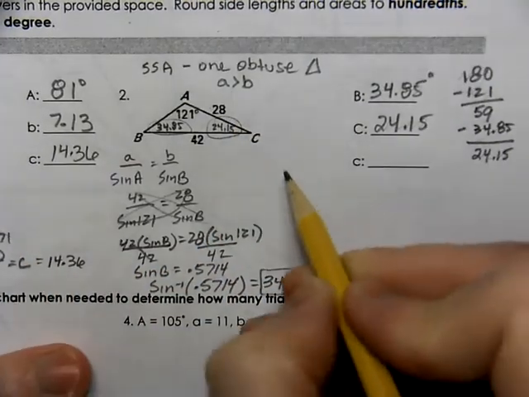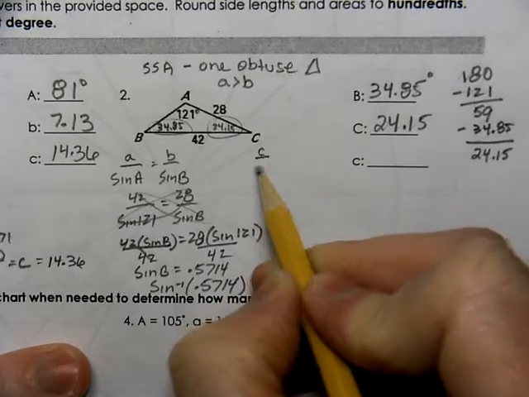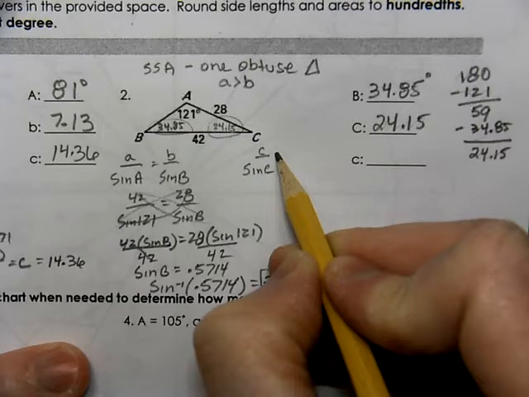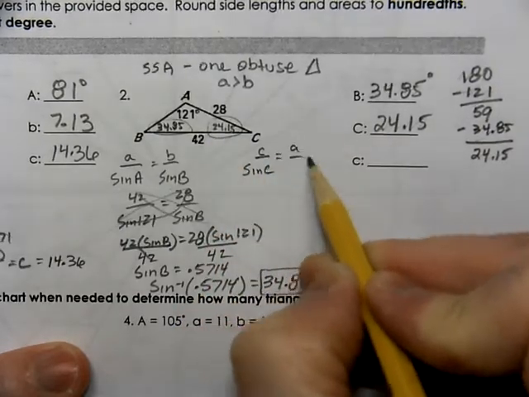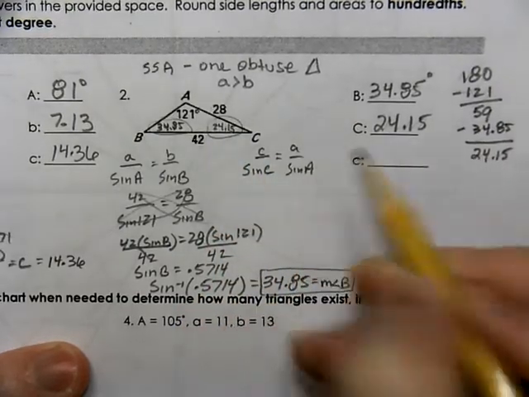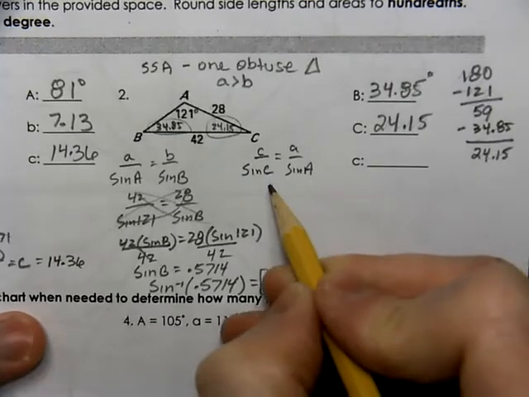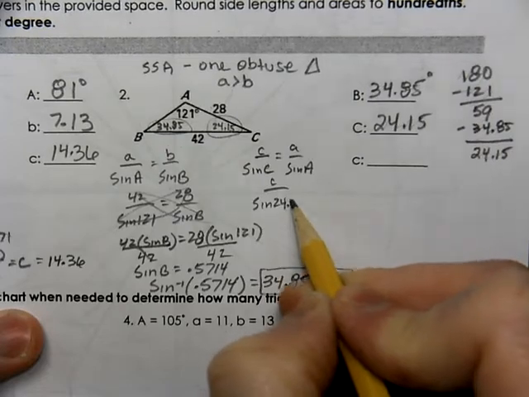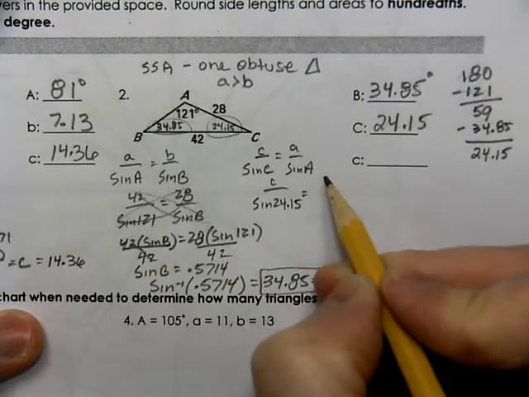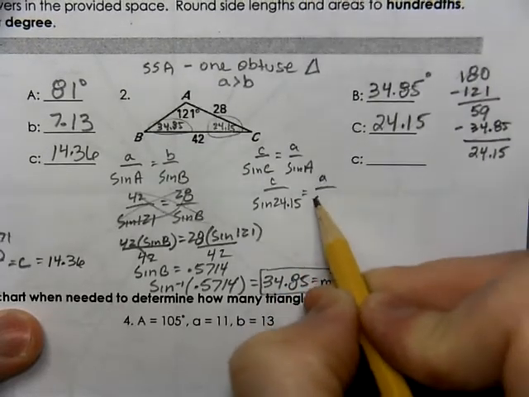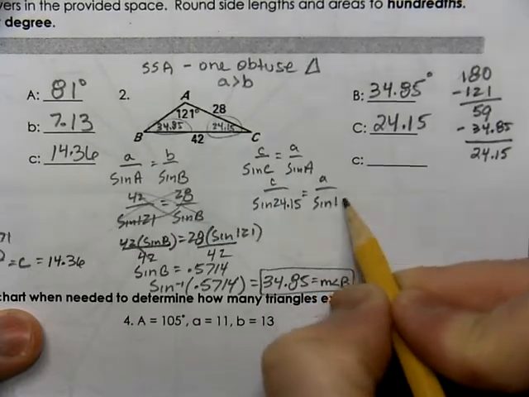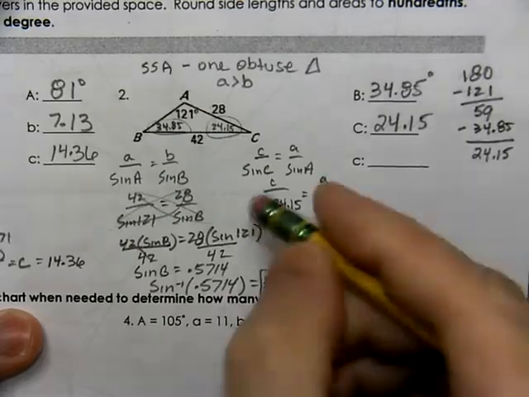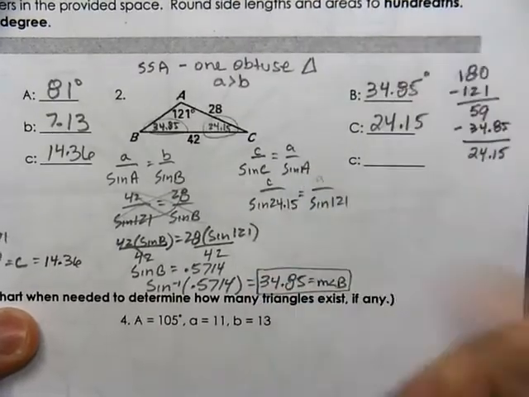And then to solve for C, we're of course going to use the ratio that has C in it, and then we're going to use the ratio with the information that they give us, which is A. So C over the sine of 24.15 equals A over the sine of 121. Well, A itself, I guess, you don't need to put an A in there.